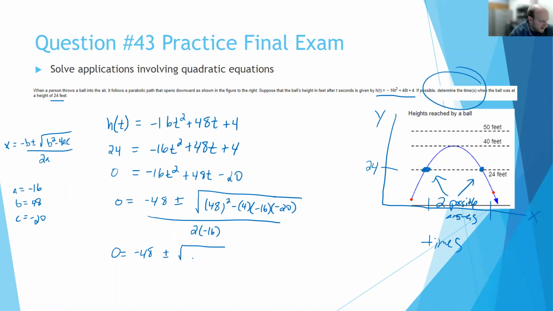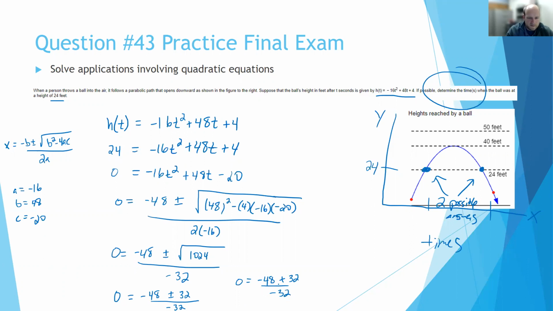And what you're going to get there is 1024. And then 2 times negative 16 is negative 32. Now take the square root. The square root of 1024 is actually a nice whole number that gives us positive 32. And so what I'm doing here is I have 2 different things. I have negative 48 plus 32 all over negative 32.